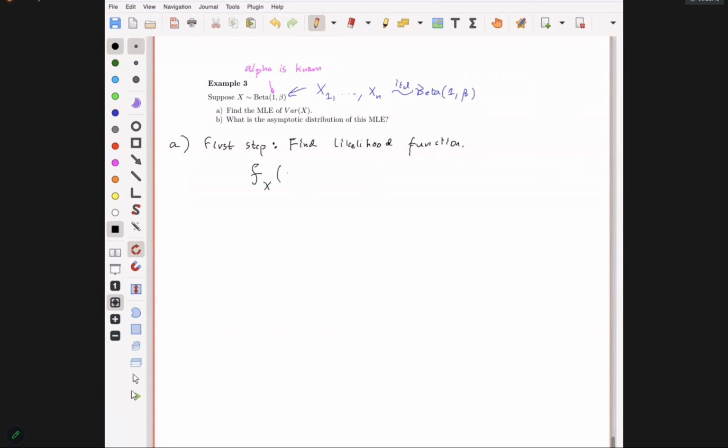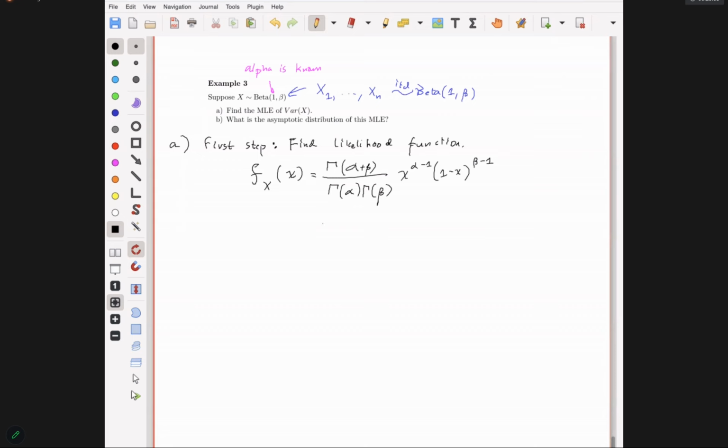So our density function for x is equal to gamma of alpha plus beta over gamma of alpha times gamma of beta times x to the alpha minus 1 times 1 minus x to the beta minus 1.